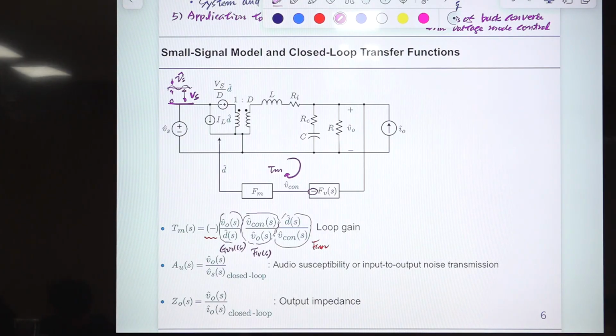So ideally, for the ideal voltage source, audio susceptibility is zero and output impedance is zero, then the output voltage becomes constant, whatever happens in the input port and output.